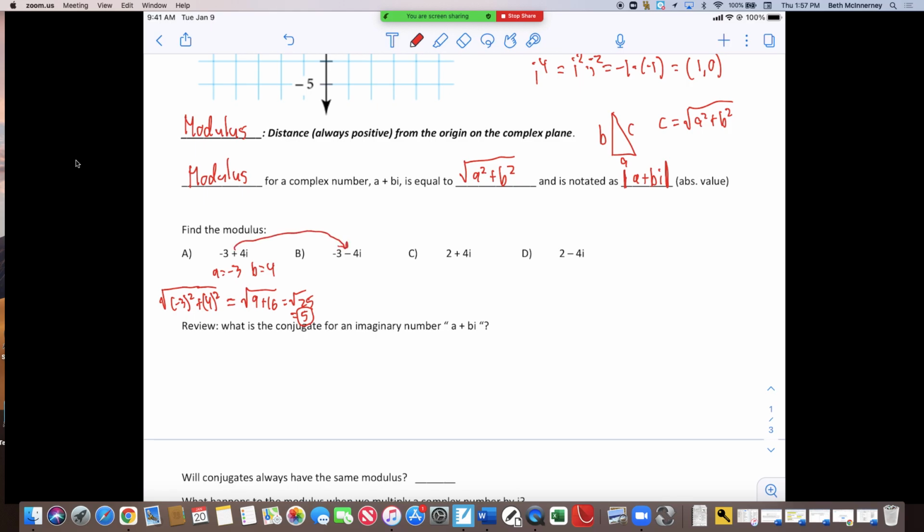And when we do this, we're still going to have the square root of negative 3 squared plus negative 4 squared, which will give us the square root of 9 plus 16. So we're going to get the exact same modulus even though the sign is switched.